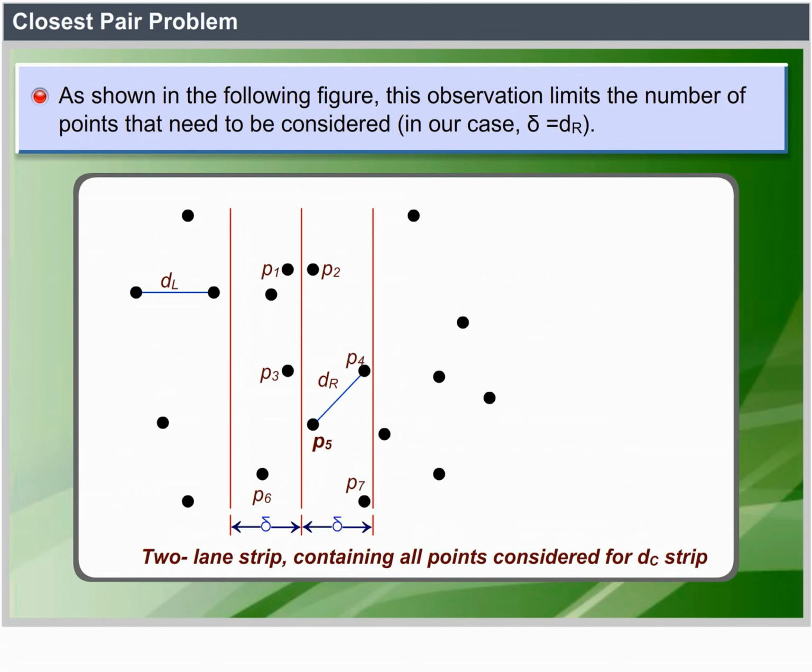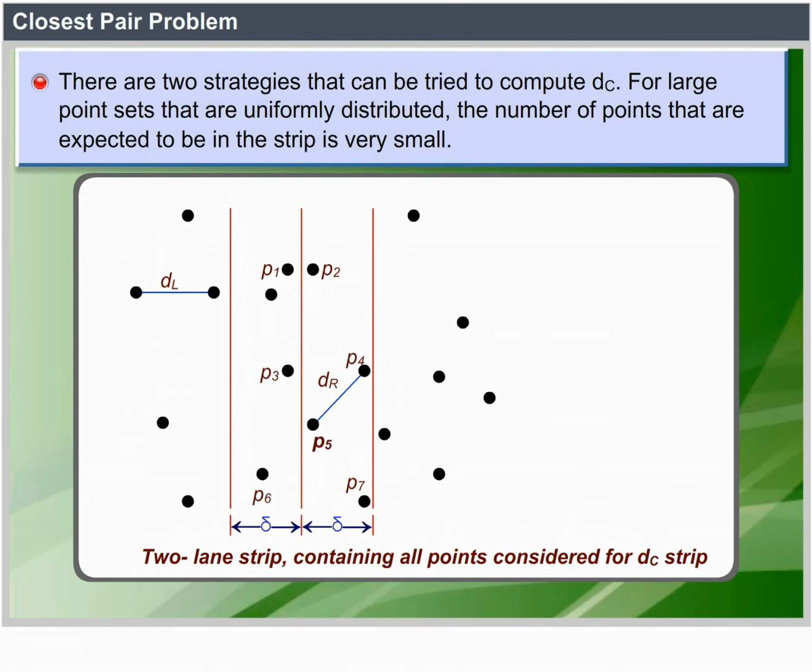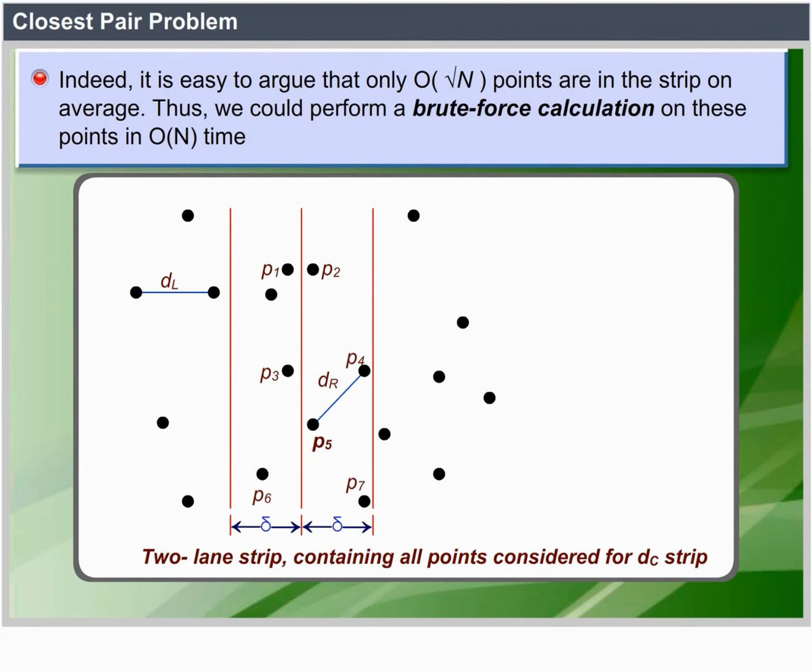This figure shows the two strips containing all points considered for DC. There are two strategies that can be tried to compute DC. For large point sets that are uniformly distributed, the number of points that are expected to be in the strip is very small. Indeed, it is easy to argue that only O(√n) points are in the strip on average.